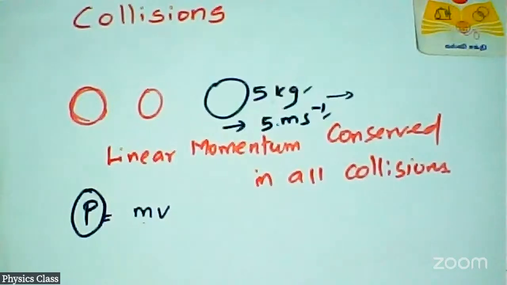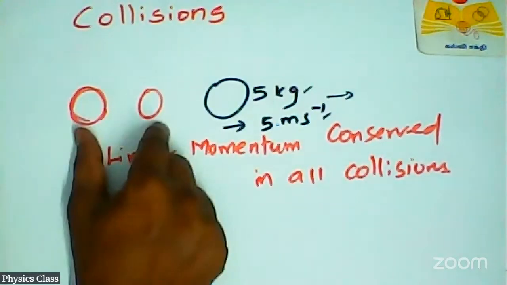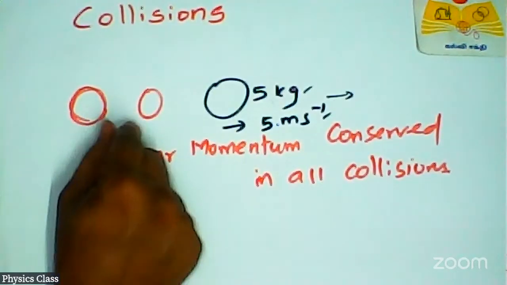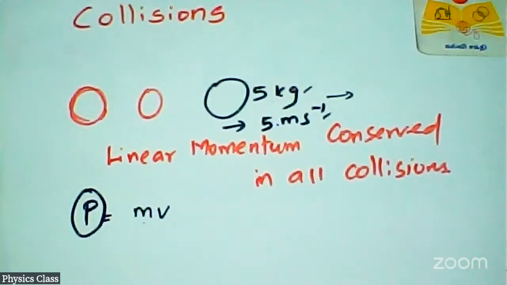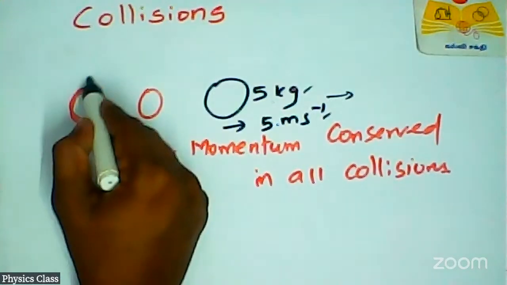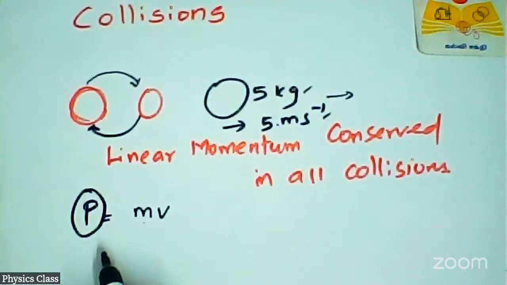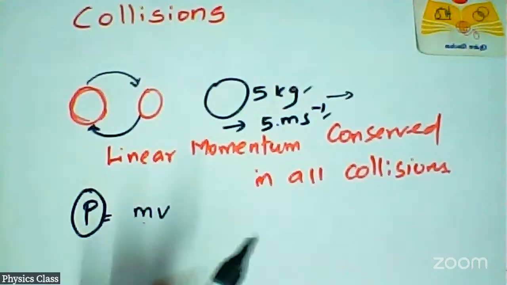We can see that in the simulation. When two bodies collide, there is an impulsive force between these two objects. Impulse means nothing but collisions.